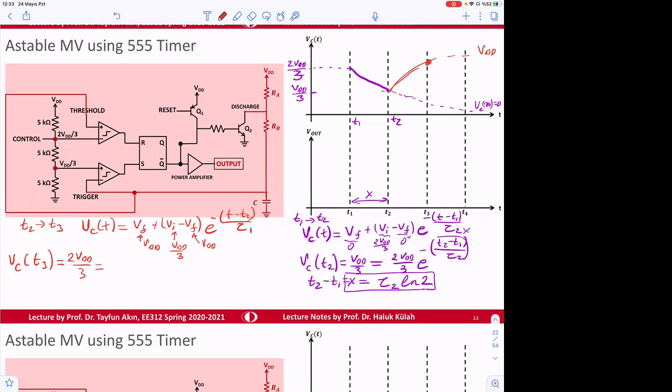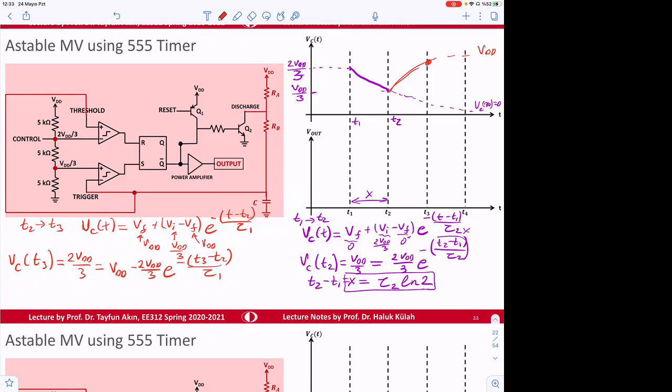And then if you write the equation here, VDD minus 2 VDD divided by 3 times e to the power minus (T3 minus T2) divided by tau 1.